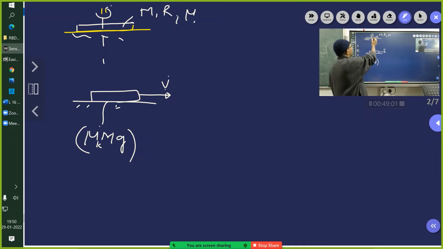Why can't you take the same normal? Normal is what, man? The normal component of the force will balance mg. That will not be different. See, the question is the torque due to the friction.